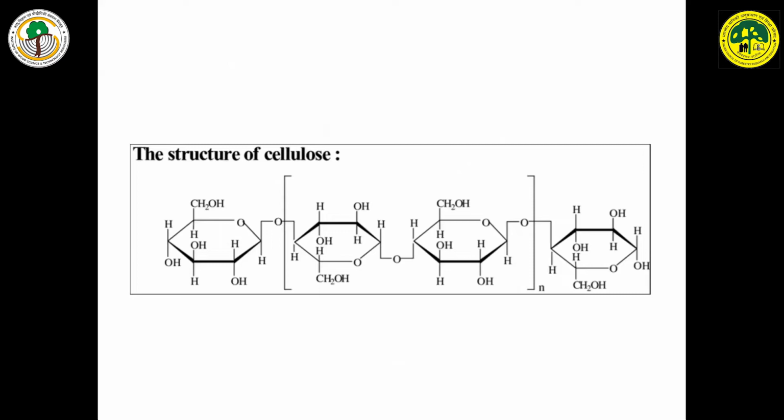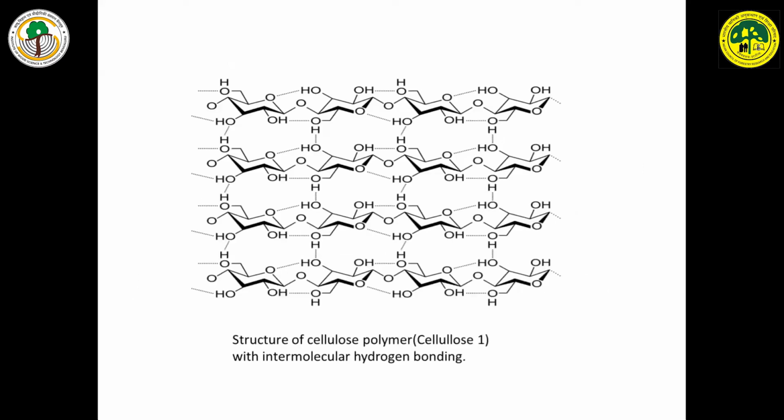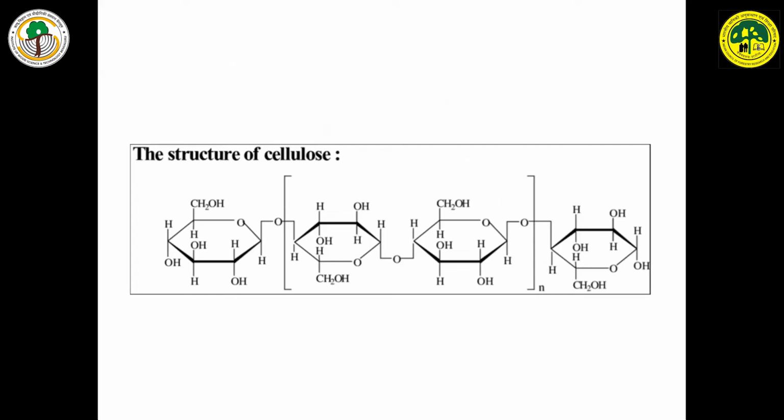Four are represented there. All of these are beta glucose pyranose units, and they are represented in the form of a chair structure. The chair structure is the most stable conformation compared to the ring structure. Actually, here the four beta glucose units are present.